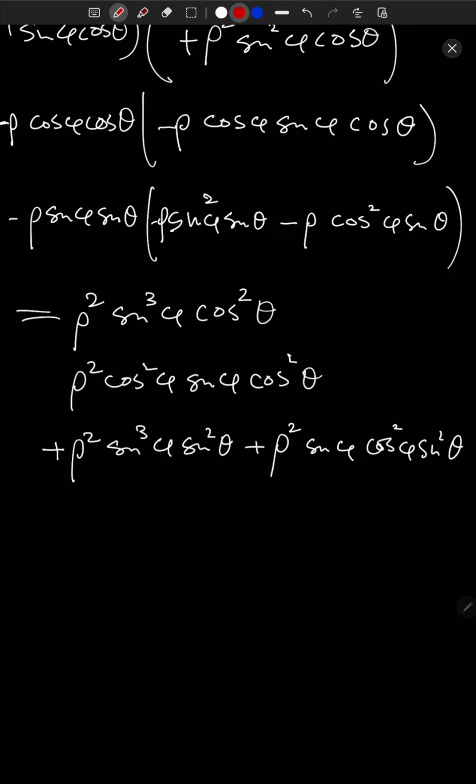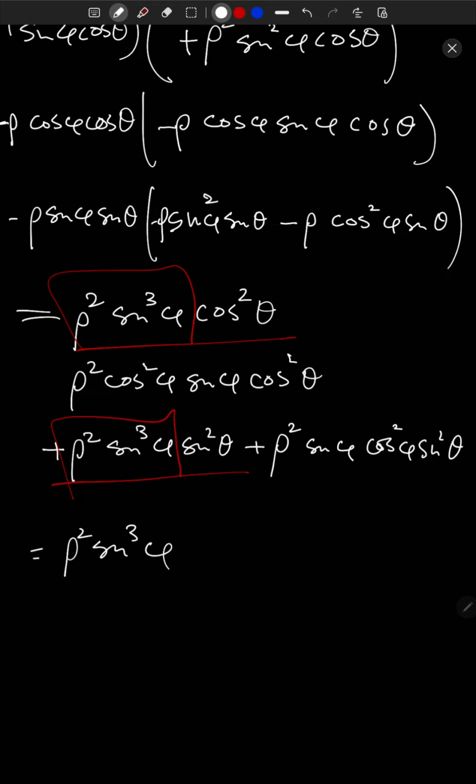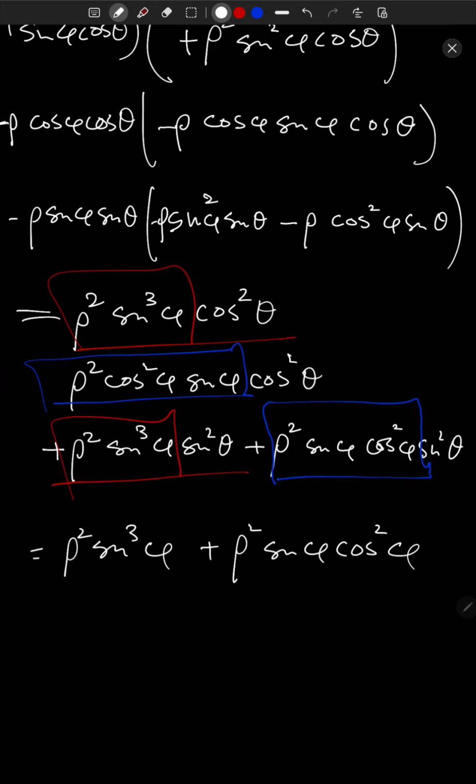This term and this term go together because it's the same coefficient cosine squared, same coefficient sine squared. So those two just become rho squared sine cube phi. And then the other two, we've got this guy here times cos squared, and the same thing here times sine squared. So they add up to be just rho squared sine phi cos squared phi.